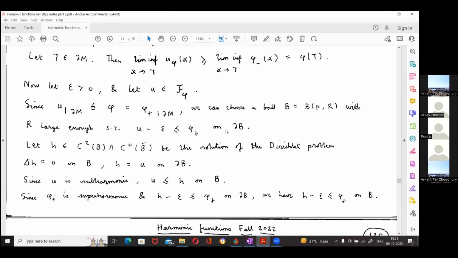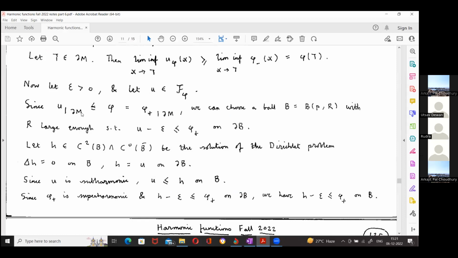Fine. So we've proved that the lim-inf of u phi x as x tends to xi is greater than or equal to phi xi. Now we want to prove that the lim sup of u phi x is less than or equal to phi xi. So we let epsilon be positive and take a u in the Perron family.